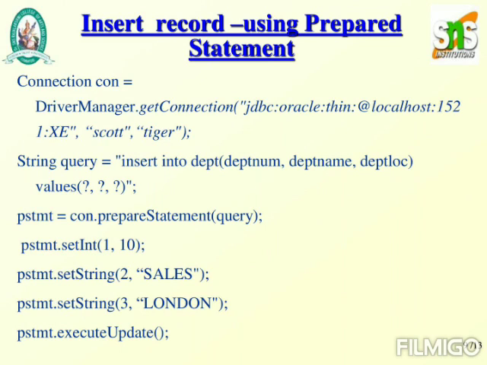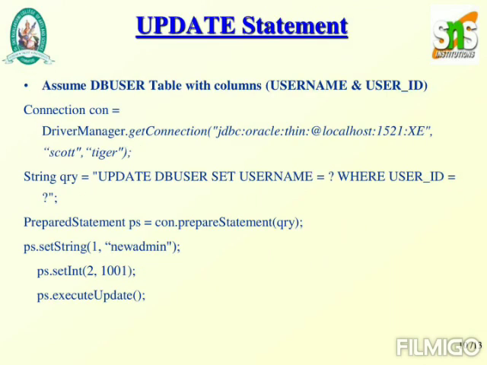The next statement is the update statement. Assume that you are using a table called database user with a column called username. I have established a connection, that is your JDBC connection, and the username and the password for that JDBC are Scott and Tiger.